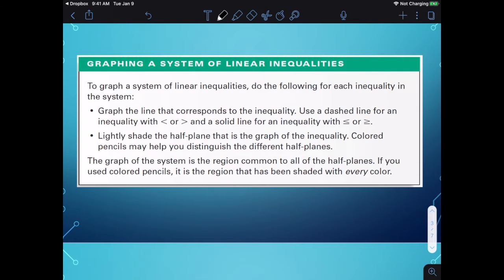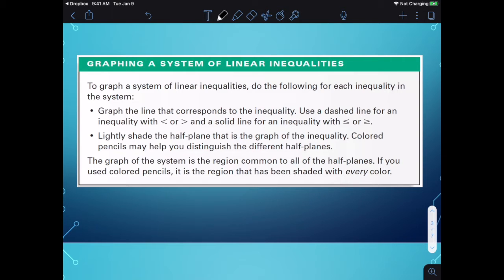This is a small list of things to think about when you are graphing a system of linear inequalities. To graph a system of linear inequalities, do the following for each inequality in the system. Graph the line that corresponds to the inequality. Use a dashed line for an inequality with a less than or greater than sign, and a solid line for an inequality with a less than or equals to or greater than or equals to sign.